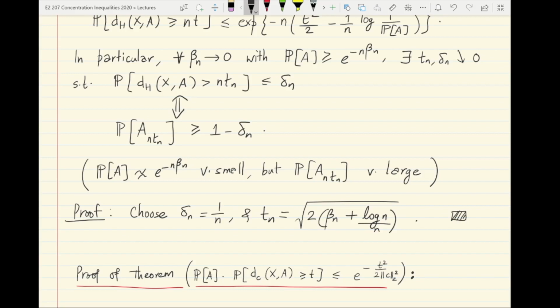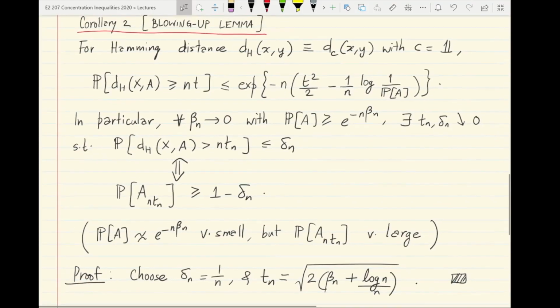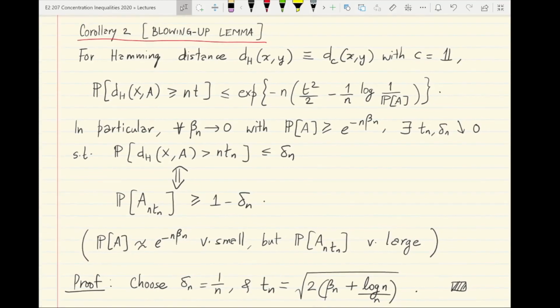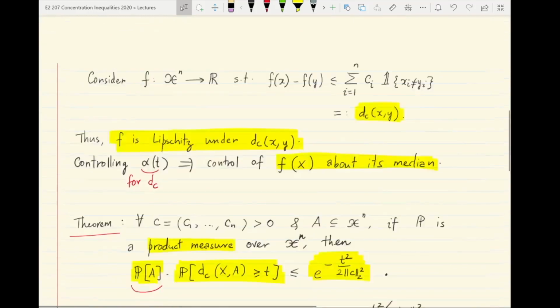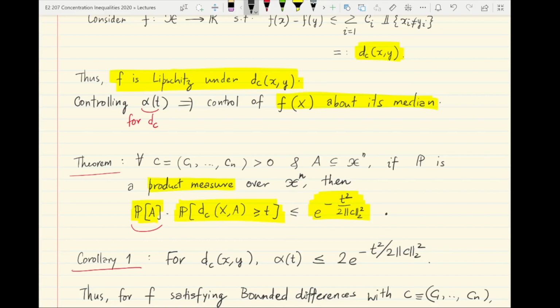Notice that n Tn is roughly of order square root n. So it says that if you blow up a very small set in distance by about square root n, then you get extremely large probability coverage. And this property is heavily exploited in information theory, particularly for showing what are called strong converses and other coding theorems.